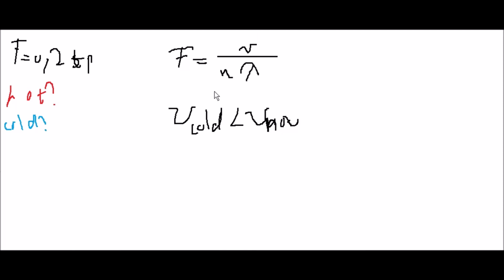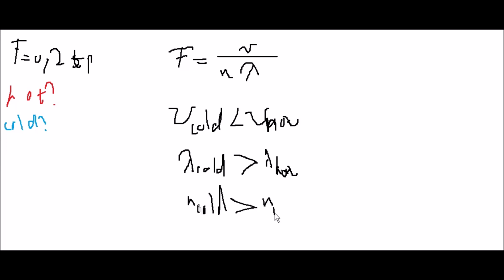And if it's hot water, you produce a high-pitched sound, and the wavelengths of a high-pitched sound are smaller than those of a low-pitched sound. So lambda hot is smaller than lambda cold, and I've told you that n cold is bigger than n hot.